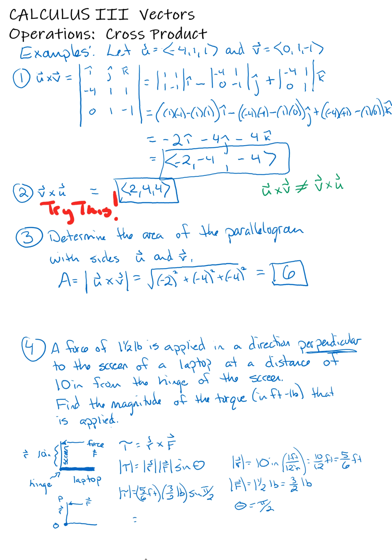Well, if we multiply and reduce, and of course the sine of pi over 2 is 1, we end up with 5/4, and again these are foot-pounds.